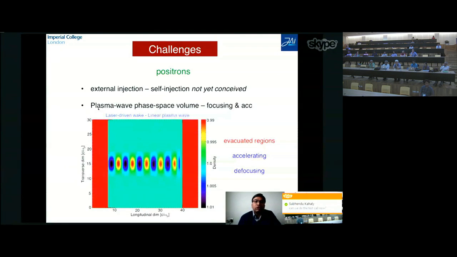The first challenge is that, unlike the self-injection method which is used for electron accelerators to inject the electron beam in the right phase space volume of the plasma wave, positron beams up to now have mostly had to be accelerated using external injection, which places a restriction on where you can inject relative to the beam driver, and the whole problem of synchronizing the right phase of the plasma wave to the accelerating beam.